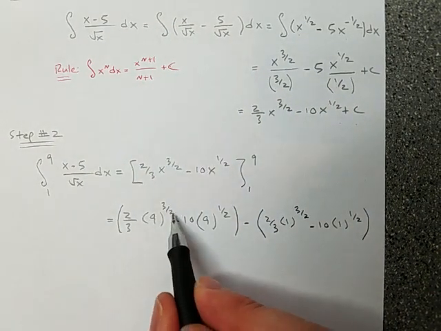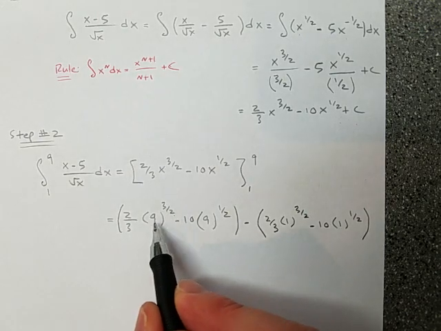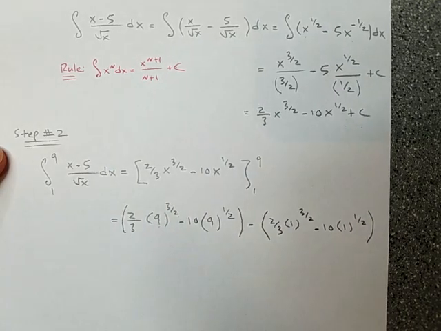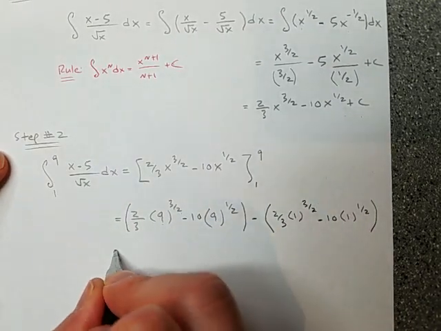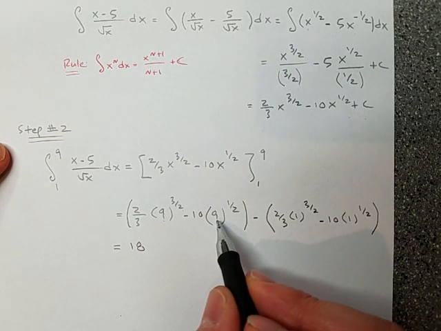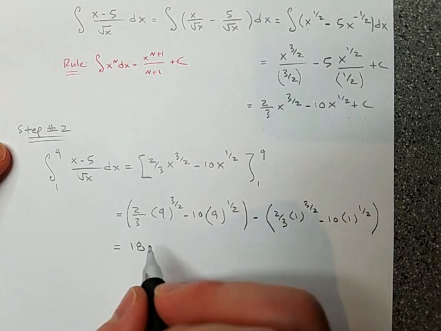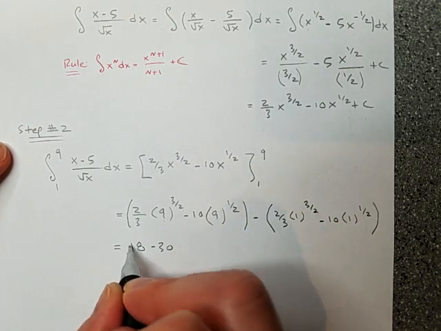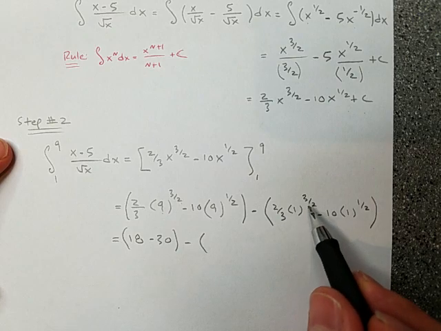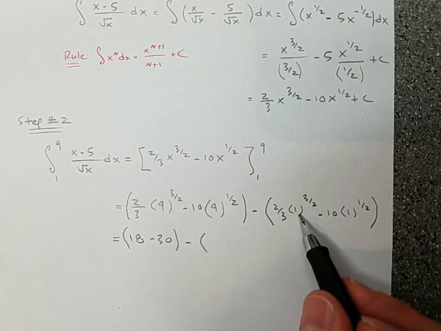So let's see, that's 9 to the 3 over 2 power. That would be the square root of 9, which is 3, to the 3rd power, which is 27. Divided by 3 is 9 times 2 is 18. So that's 18. And 9 to the 1/2 is the square root of 9, which is 3, times 10. So that's 18 minus 30 for that number. For this number, 1 to the 3 over 2 power, that's the square root of 1 to the third power.